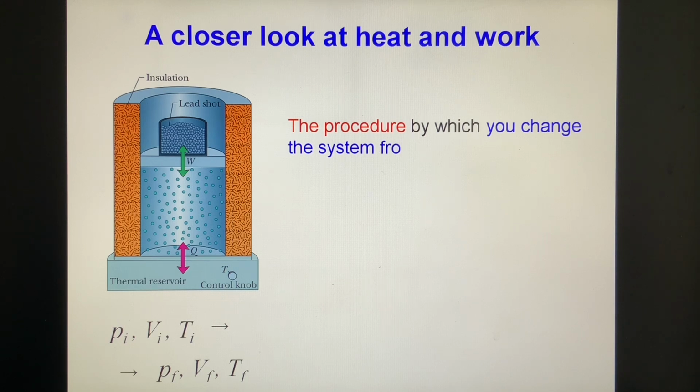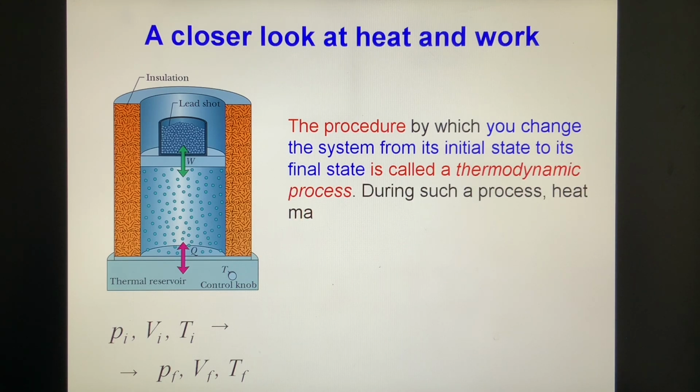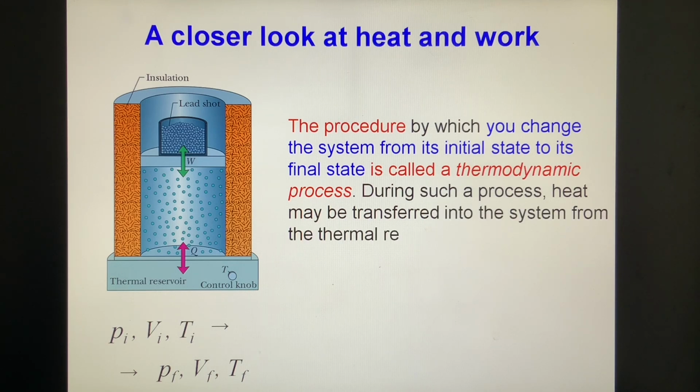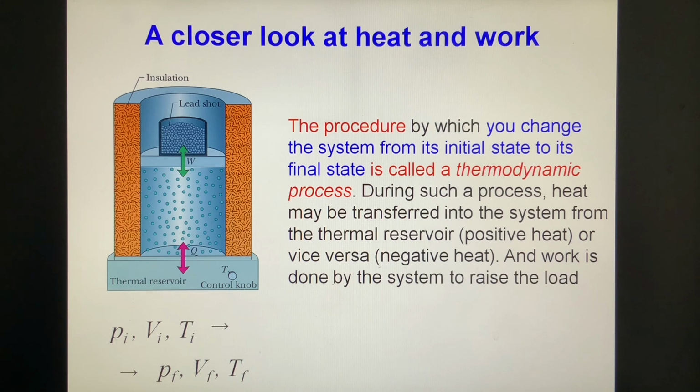The procedure by which you change the system from its initial state to its final state is called a thermodynamic process. During such a process, heat may be transferred into the system from the thermal reservoir, positive heat, or vice versa, negative heat. And work is done by the system to raise the loaded piston.